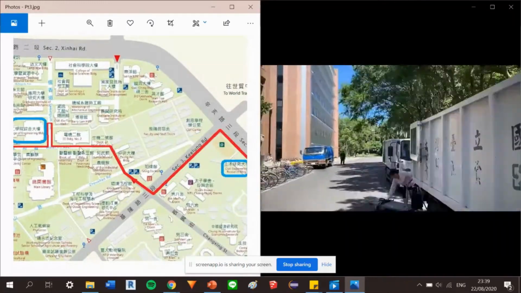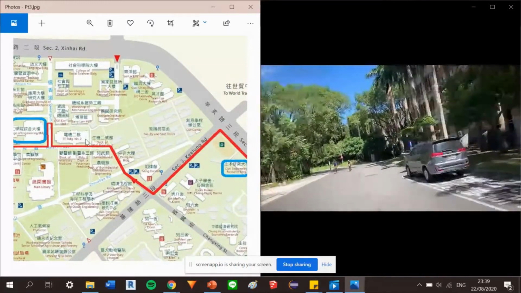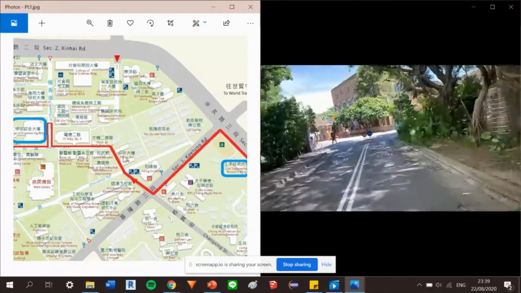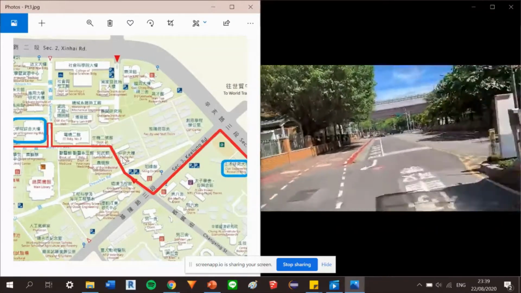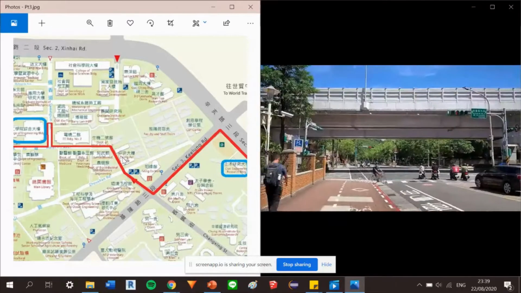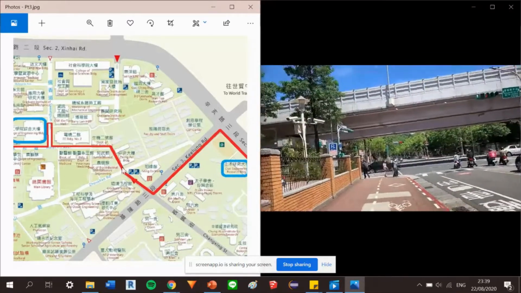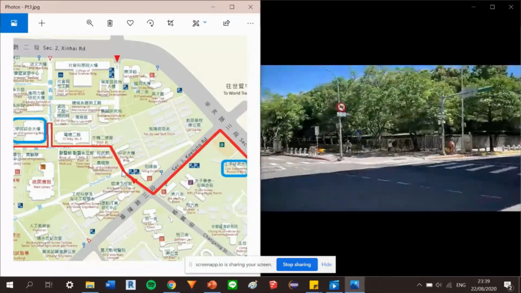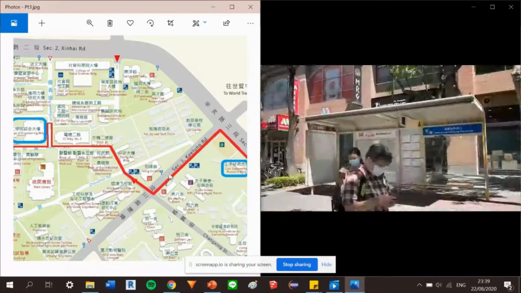So right here, we are going to go out of the main complex of NTU. And we will cross the road right here. And then we go left.